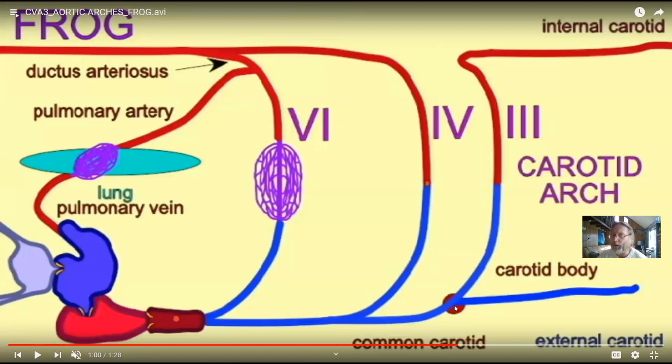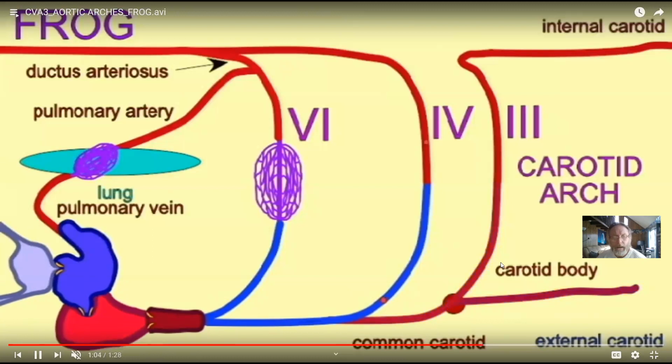We still have it where the common carotid branches to make the external and the internal carotid. So this carotid system is then a modification of the third aortic arch.